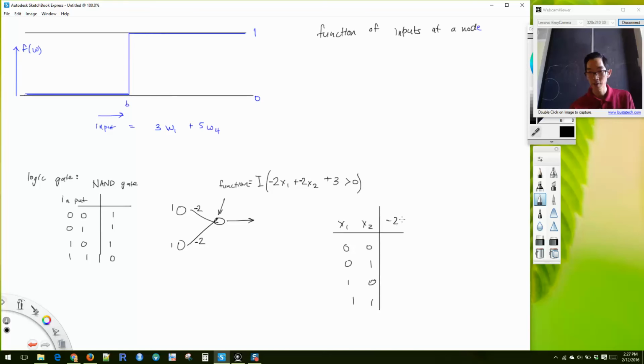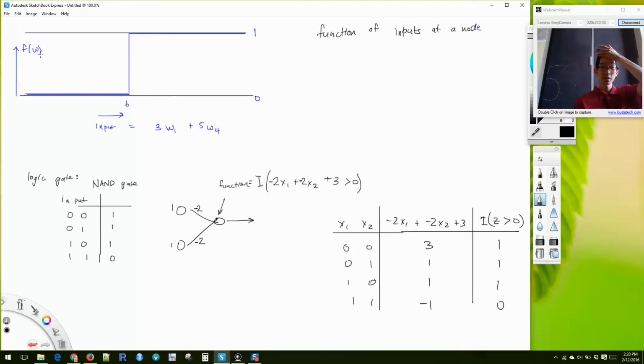So here I have negative 2x1 plus negative 2x2 plus 3. And then we'll have an indicator on that quantity, which I'll just call z: is that greater than 0? So here I've got 3, here I've got 1, here I've got 1, and here I've got minus 1. So is this greater than 0? Yes. This is greater than 0, this is greater than 0, and this is not. Okay?